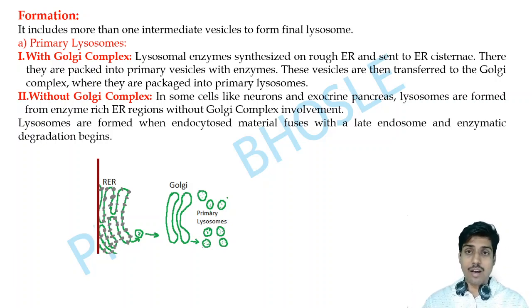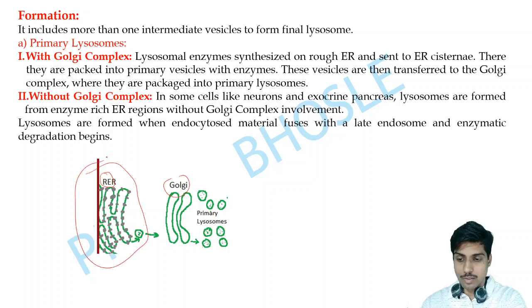So let's see how the primary vesicles are formed. This is the rough endoplasmic reticulum and this is the Golgi body. The basic origin of the lysosome starts from the rough endoplasmic reticulum, which synthesizes and collects all the enzymes needed to be inside the lysosome.